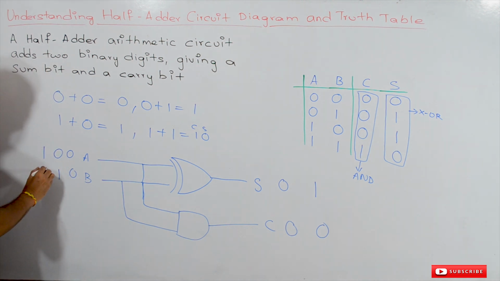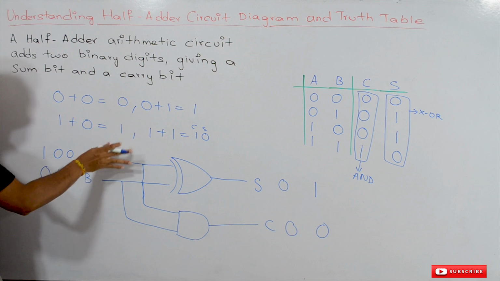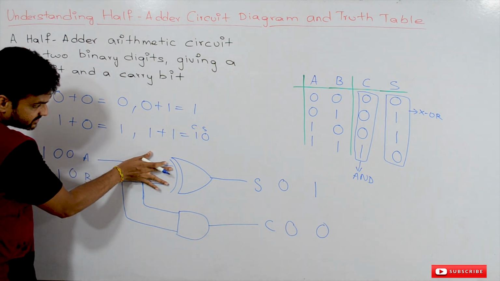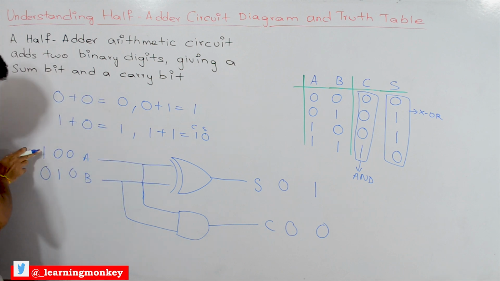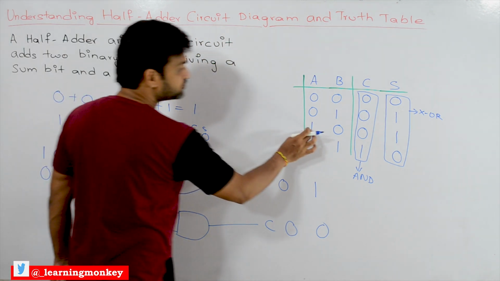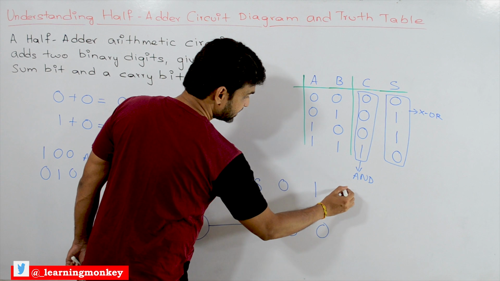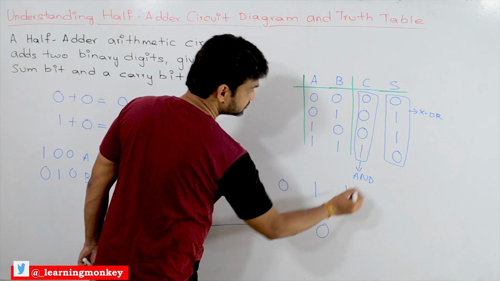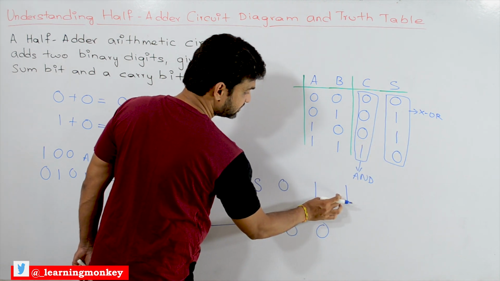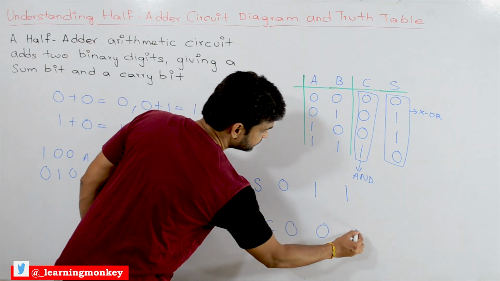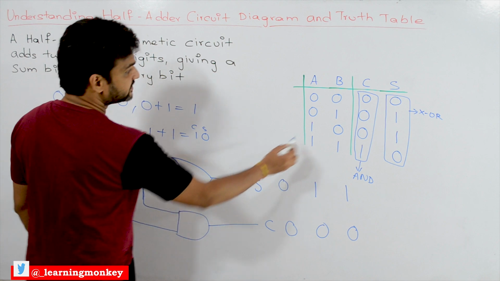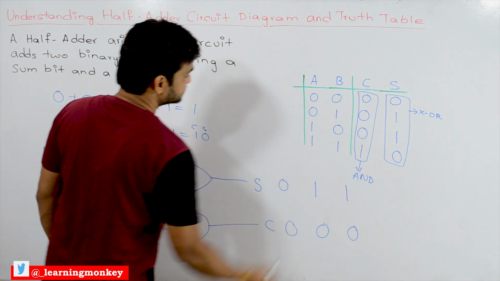If you take 1 0, A and B are applied here. Whenever the input is 1 0, what is the output of the XOR gate? The XOR gate is going to produce an output of 1, which means the sum is 1, and the carry is 0, since the output of the AND gate is 0.